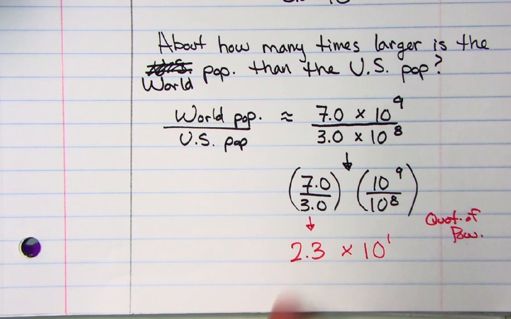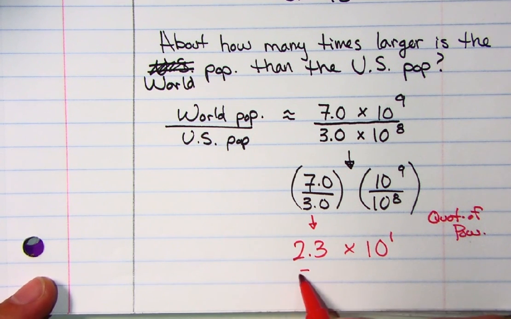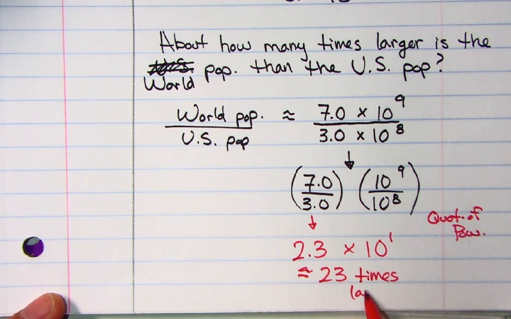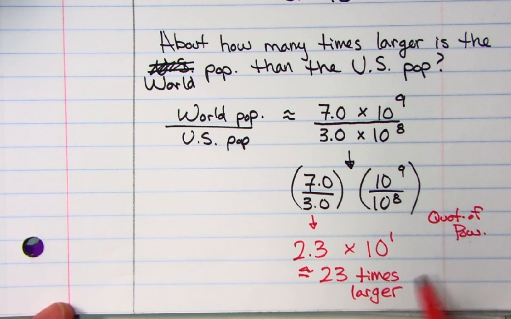All right, so there's my answer. It's 2.3 times 10 to the first power. If we actually expanded that out, and we rounded, so we could say, move it over, it's about 23 times larger. The world population is about 23 times that of the United States.